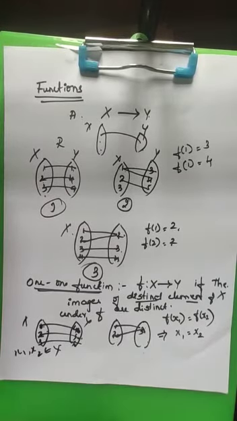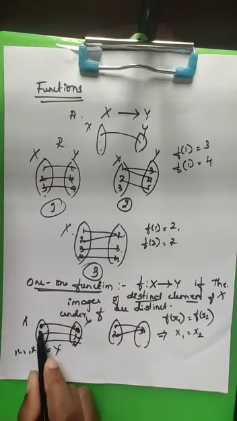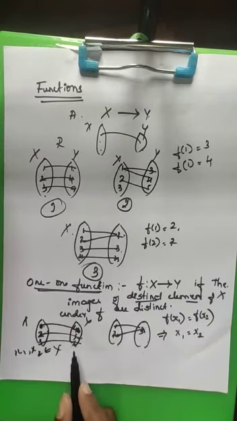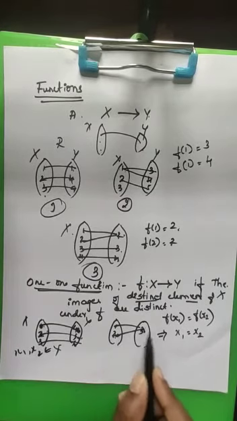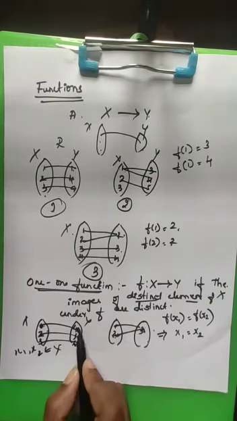One more on one-one functions. A one-one function means that distinct elements of set X should go to distinct images. That is, one goes to one. It should not be many going to one.